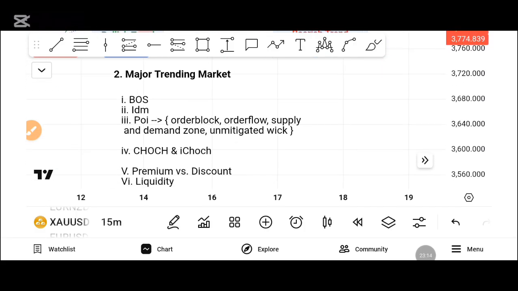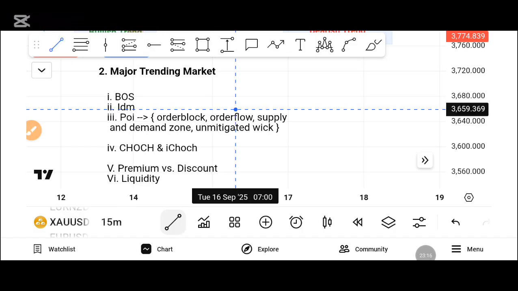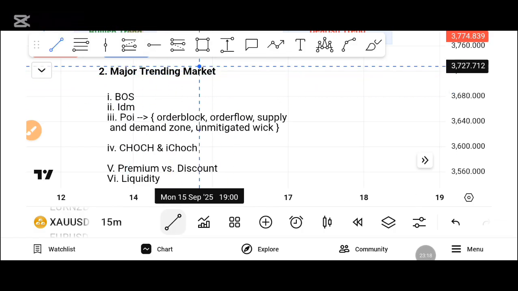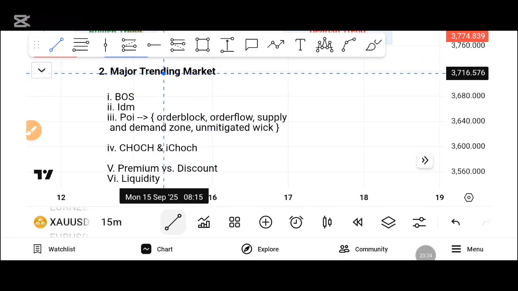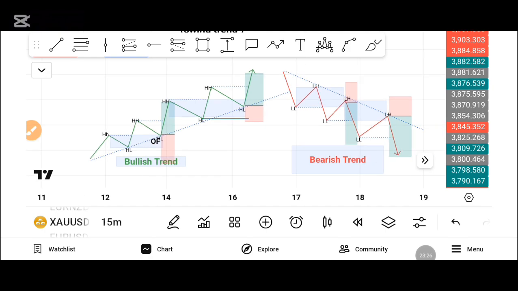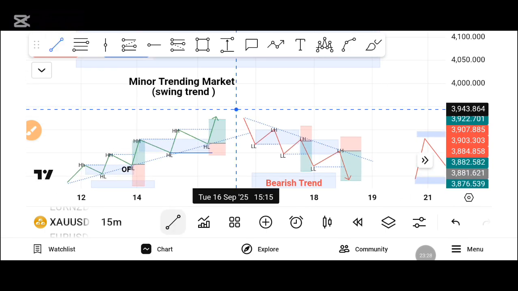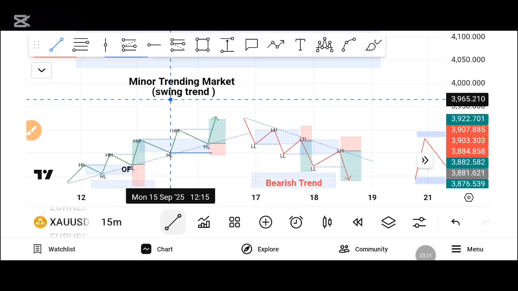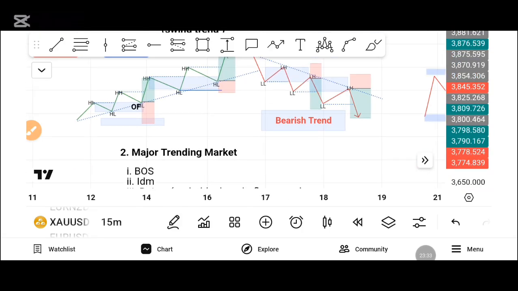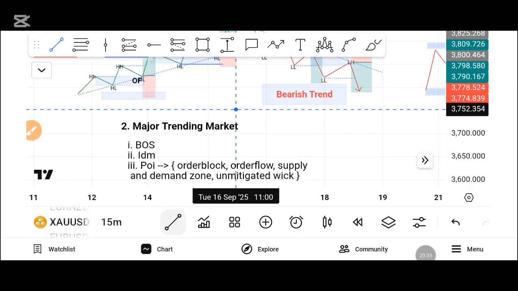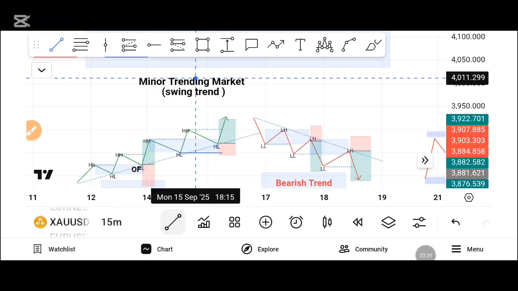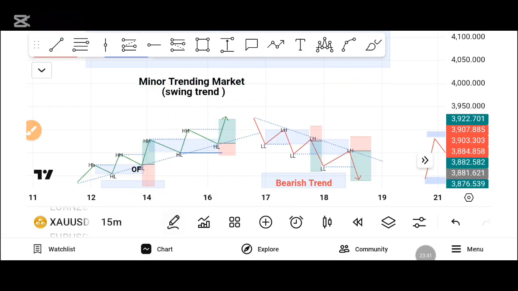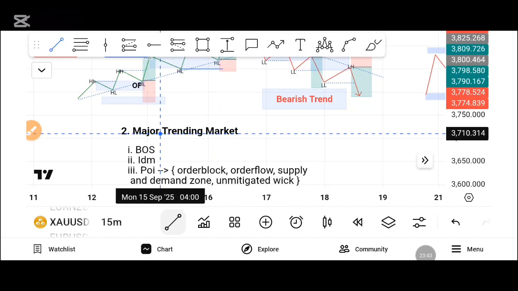Alright, so in this second one we have the major trending market. This is like an advanced pattern of this particular minor trending market. So this is minor, and this is like a major. We have the minor trending market here, and this is the major trending market.